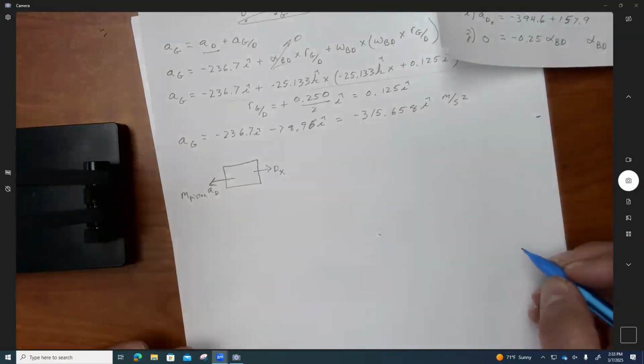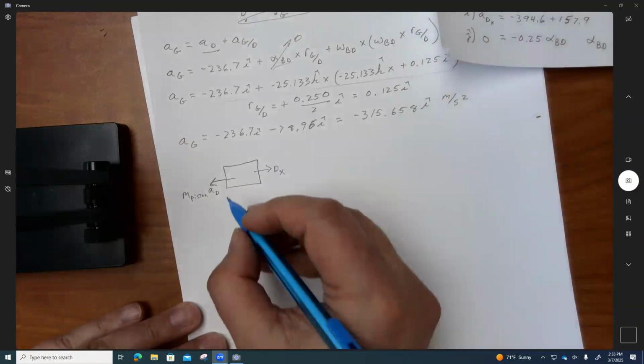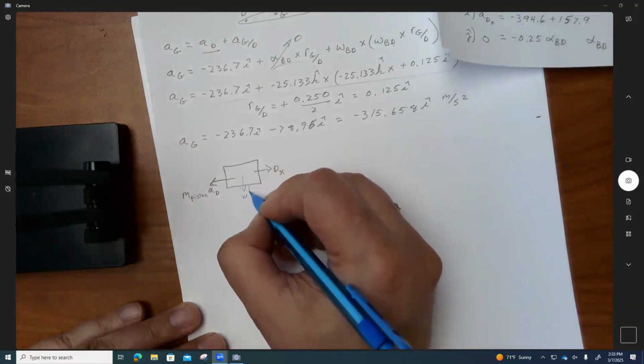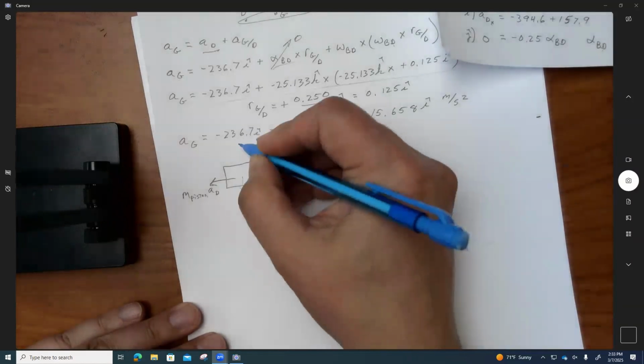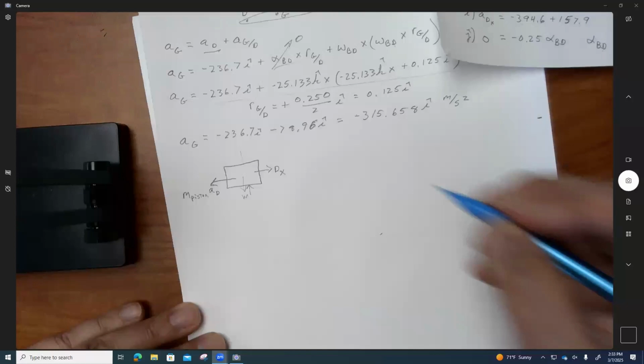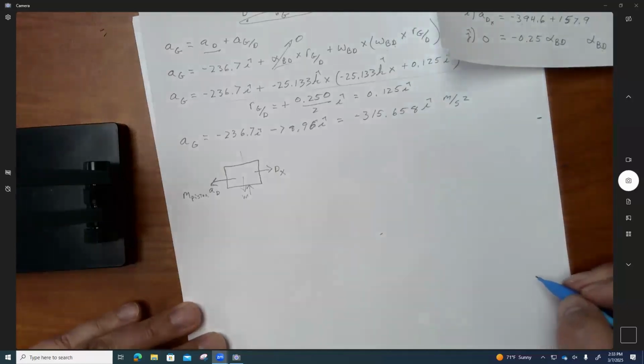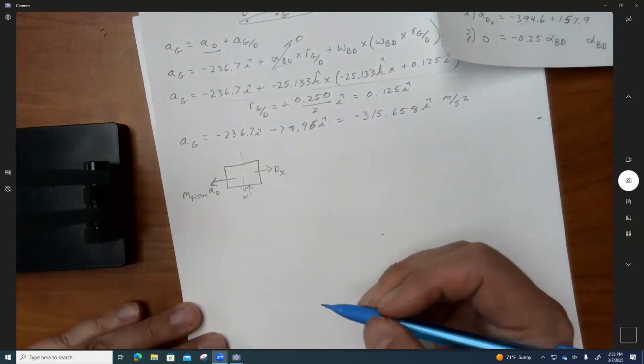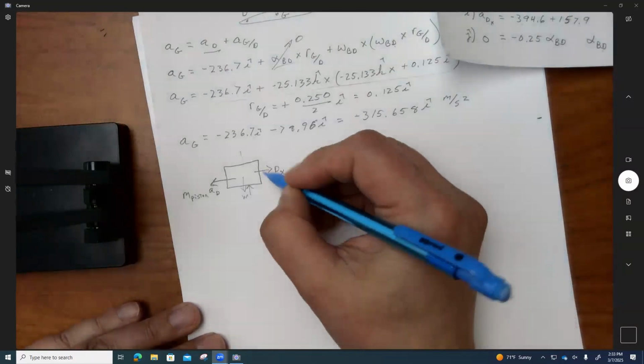I can sum forces in the x direction. I'm not too worried about the weight. There is a weight term, there is a normal force, but it's not accelerating anywhere up and down in the y direction, so those just essentially cancel each other out.